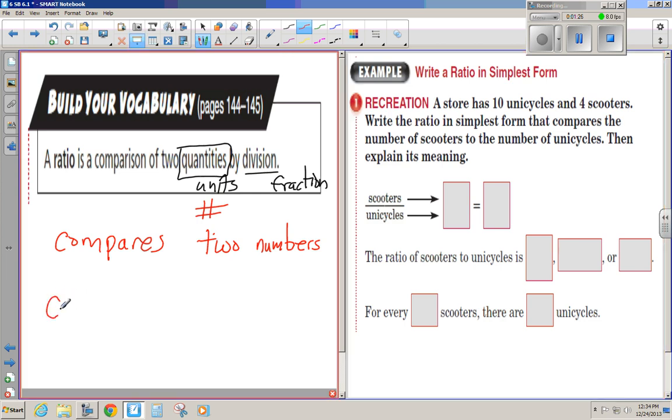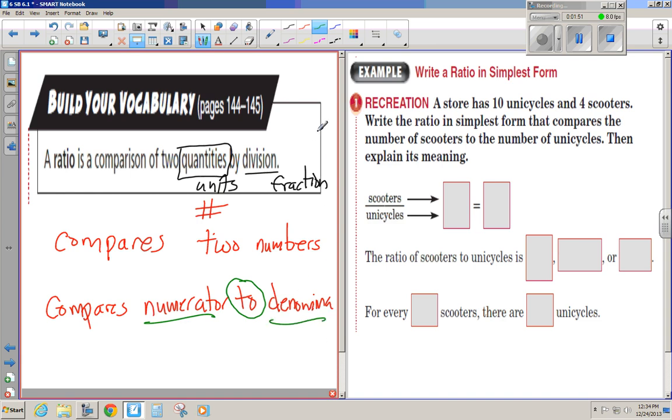Basically, it compares a numerator to a denominator. And this word here, the "to," is key because the unit in front of the "to" is the numerator, and the unit after the "to" is the denominator.